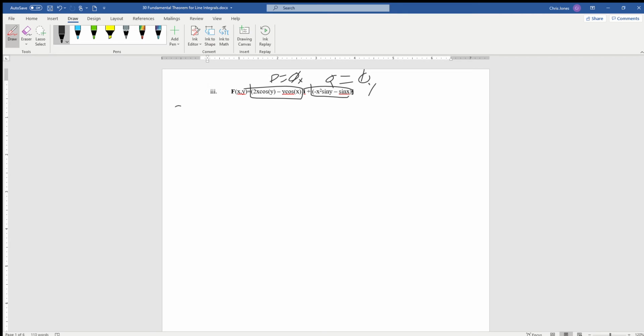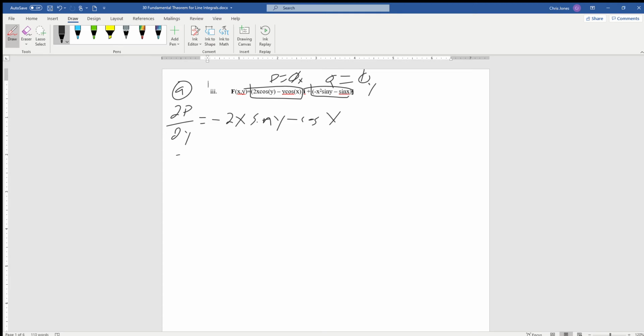So let's find the partial of P with respect to y. Remember, this is our test for part A to verify conservation. Derivative of cos is going to be negative sine, so minus 2x sine y. Derivative of y is 1, so minus cos x.